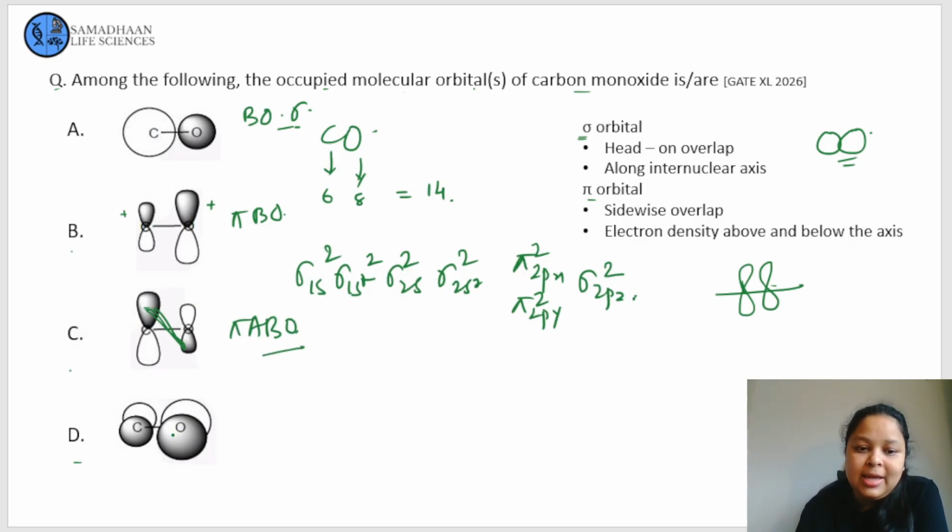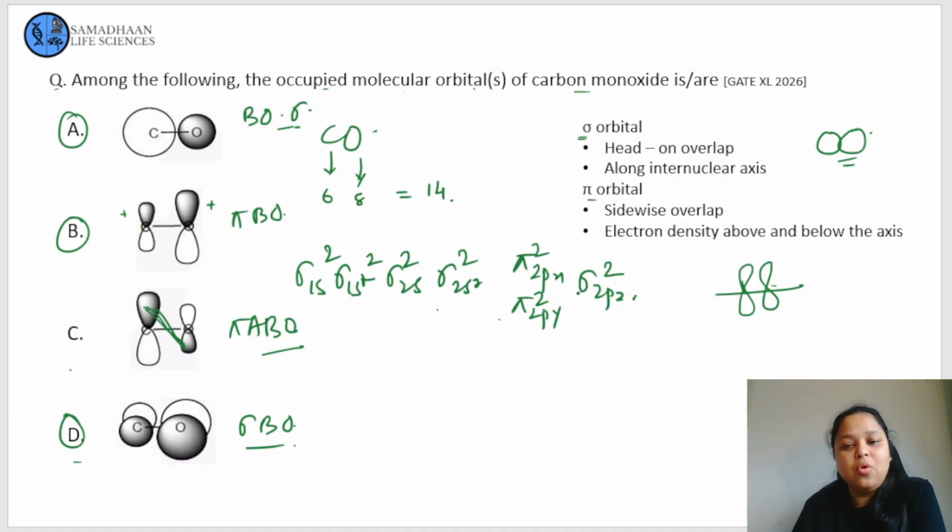Now in option D, this is again a sigma orbital because of head-on overlap and the phases are in the same direction. So this is again a sigma bonding orbital. So now see in the electronic configuration, there are electrons in both sigma and pi bonding orbitals. So A, B and D are correct answers. But there is no electron in the antibonding pi orbital. So we can exclude C.